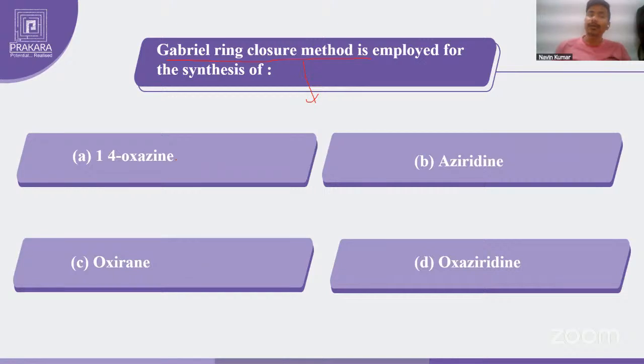The given options are option A is 1,4 dioxane, option B is aziridine, option C is oxirane, and option D is oxetane. So for this, you need to remember the Gabriel ring closure method. See dear, remember, the Gabriel ring closure method is a kind of reaction, as it's talking about the ring closure.